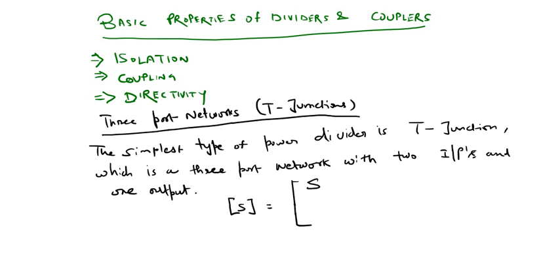then we have S11, S12, S13, S21, S22, S23, S31, S32, S33. So this is the scattering matrix. Again I am writing here.